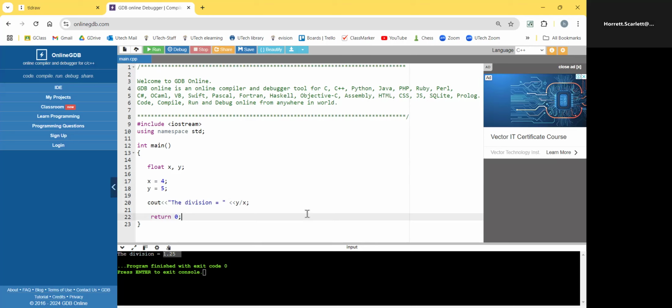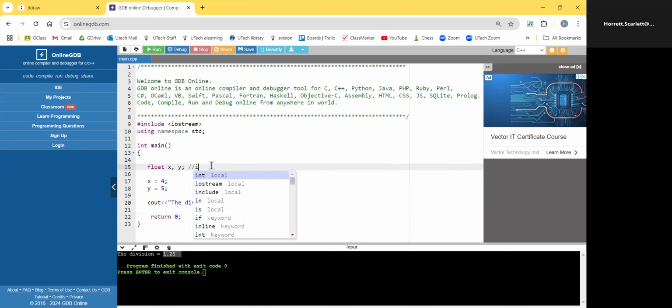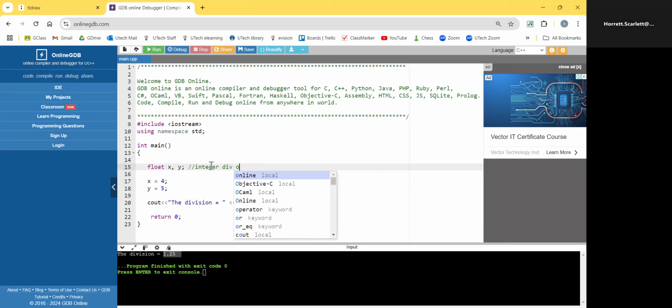So important to note, if the decimal portion or the remainder is important to you, then you need to be doing a real division or a floating point division instead of an integer division. So please make note of that. Integer division only shows quotient and not remainder.